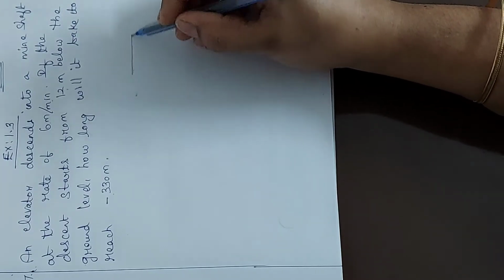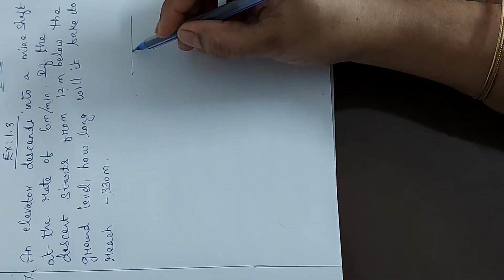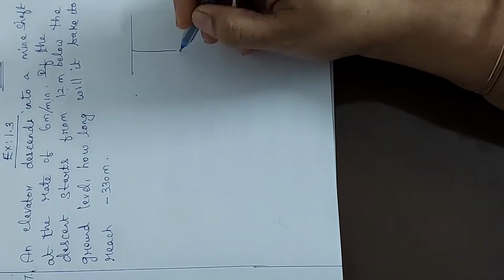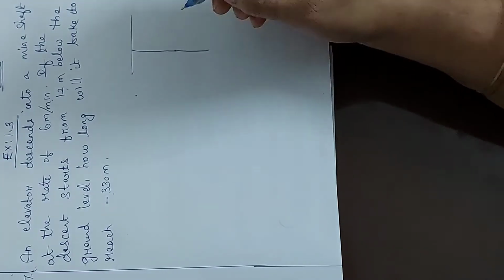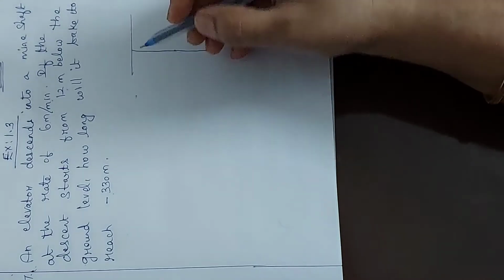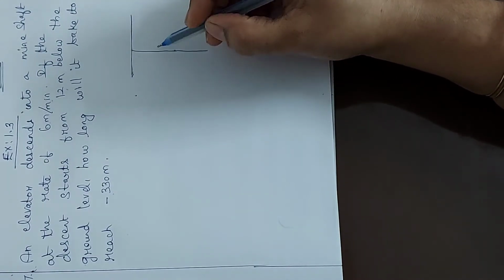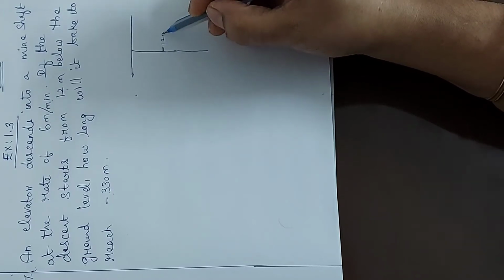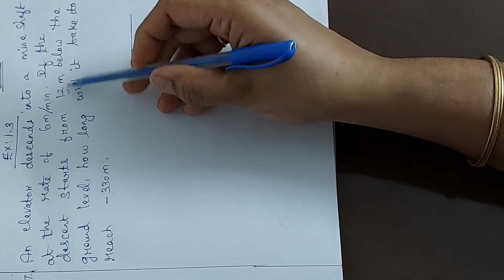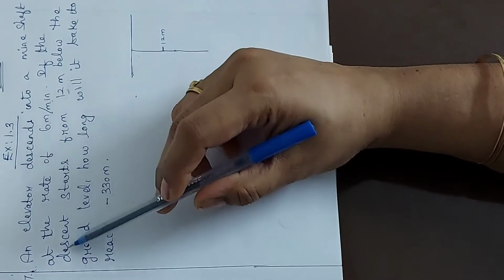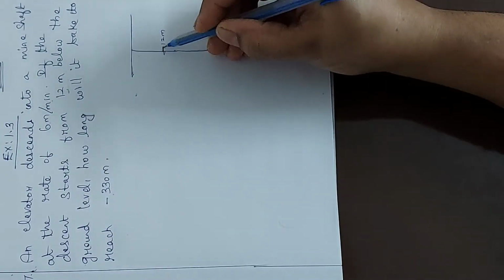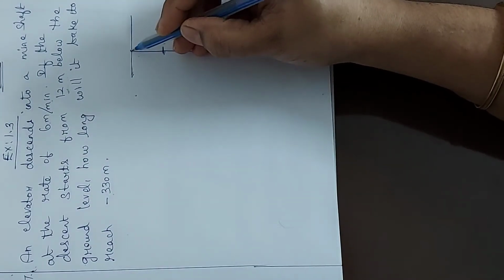Let it be the ground level, and it's going down from the ground level. That is in a mine shaft. Okay, let us assume this is the ground level, and it is already 12 meters below the ground. That is, the descent starts from here, not from the ground level.